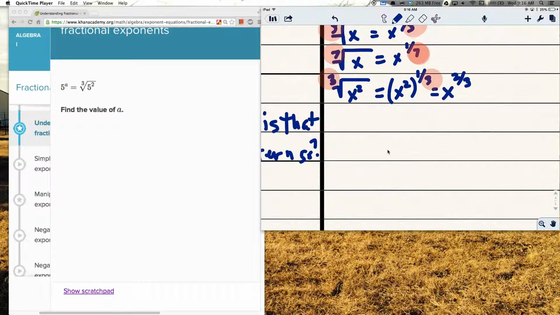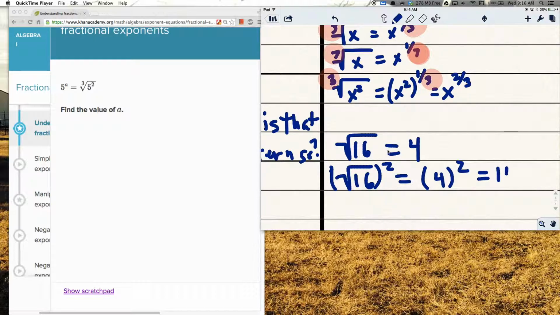So if I take the square root of 16, that gives me 4. That means that if I take the square root of 16 and square it, it's going to be the same as taking 4 and squaring it, because the square root of 16 and 4 are the same. And 4 squared is 16.